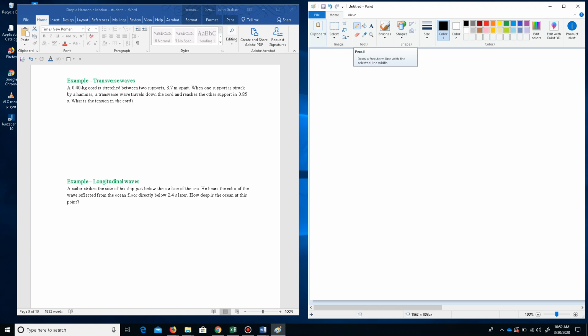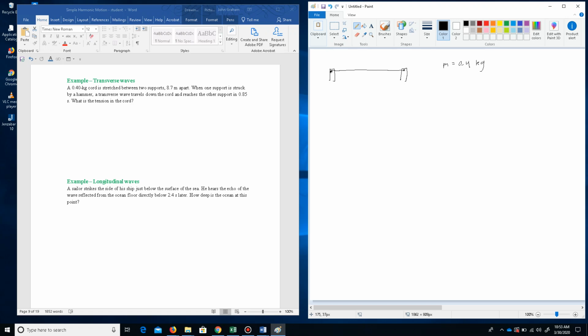All right, so for this example, we have a cord stretched between two supports. So I'll kind of draw it. So first support, some cord stretched between the next support. Cord is 40 kilometers, 0.4 kilograms.